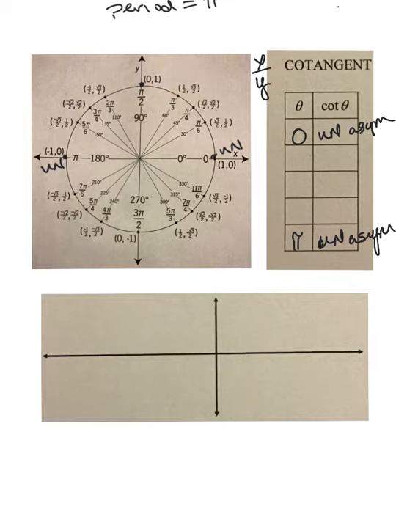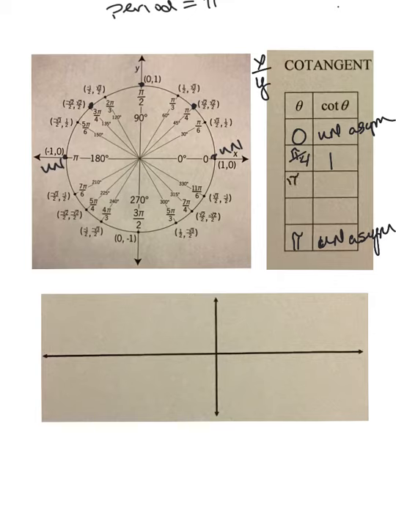Going by what we did on the tangent graph, we also use the pi over 4s to get a little more shape on this graph. So at positive pi over 4, if you put the x over the y, you have radical 2 over 2 over itself, which is 1.